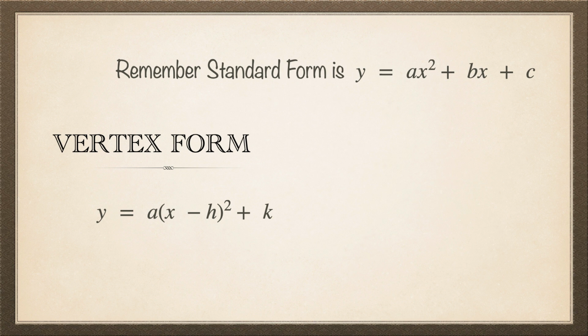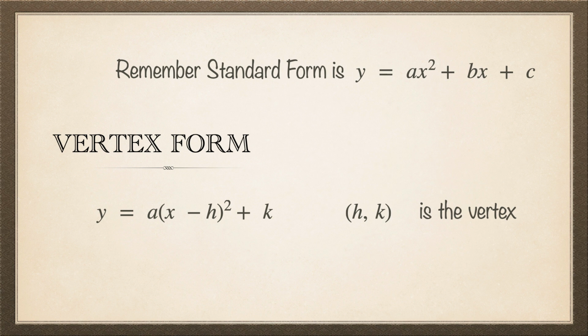I still know what a is, so I still know if it's an upward or downward parabola. But also I know that h and k are my vertex, hence the name vertex form. So h and k are the vertex.